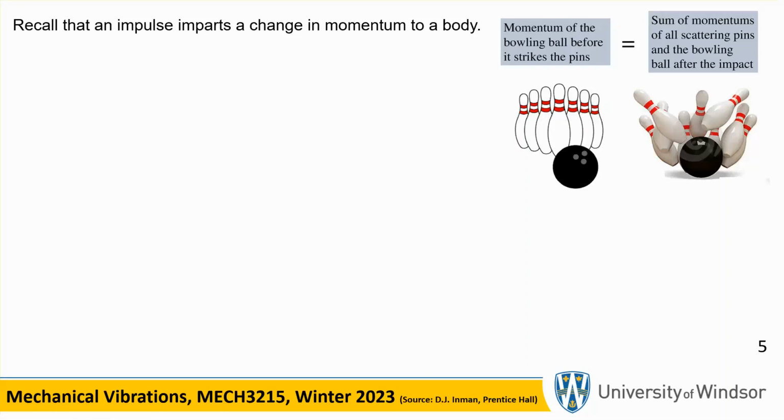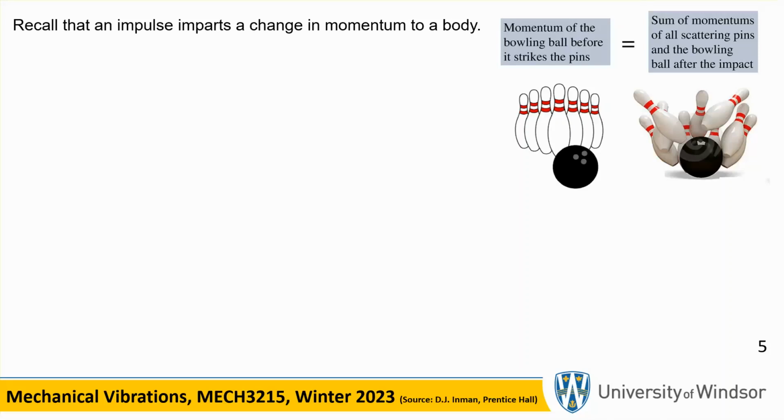Now, if you go back to your dynamics course, you did the impulse and momentum concept there for the first time. So imagine a bowling ball coming in, hitting these pins. As a system, when you think about it, there is no external force.